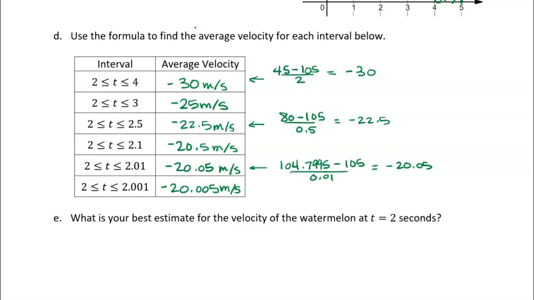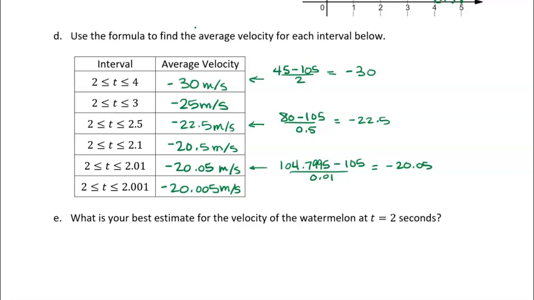Then I'm just varying the right-hand side of the time interval and calculating. In this particular case, 80 is f at 2.5. I plugged it into that equation, subtracted 105, and divided by 2.5 minus 2, which is 0.5. It's a 0.5 second time interval. So there we go.